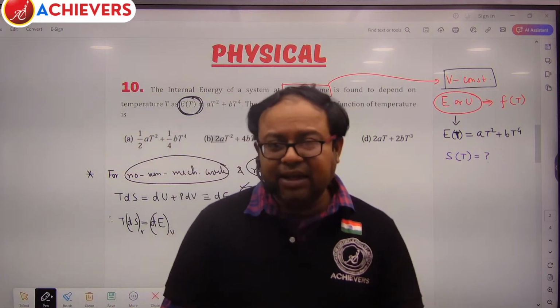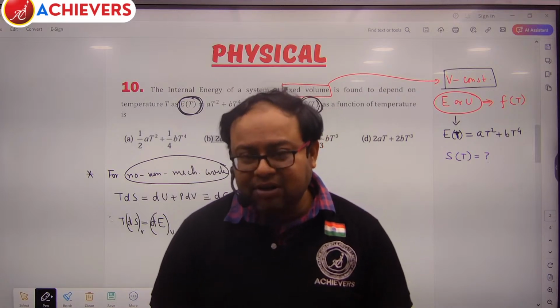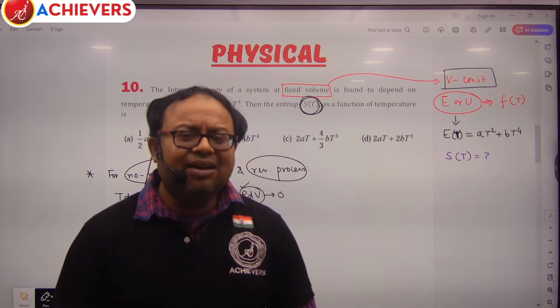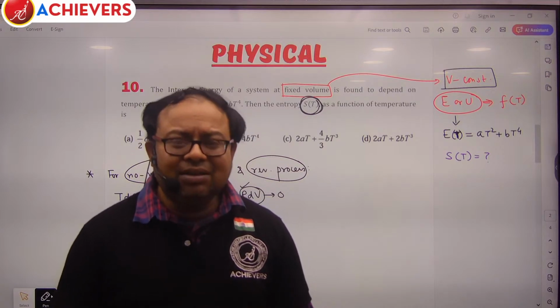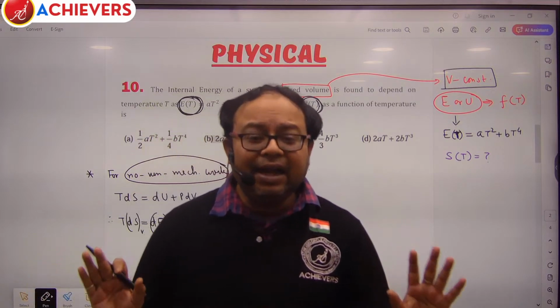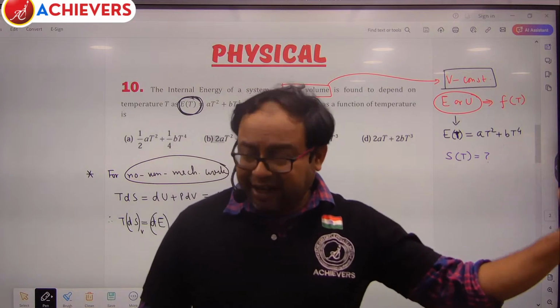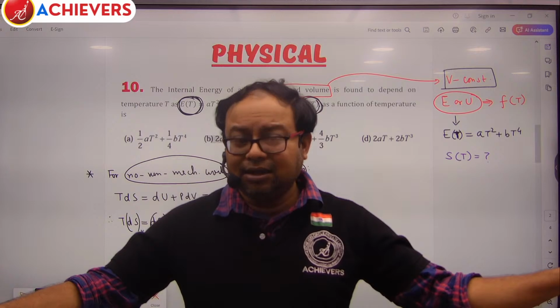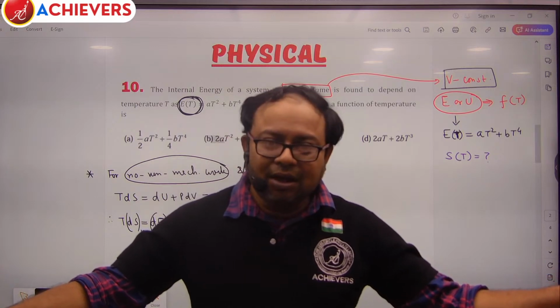In this case, internal energy and entropy are independent of the path. They depend solely on the initial and the final states, since they are state functions.